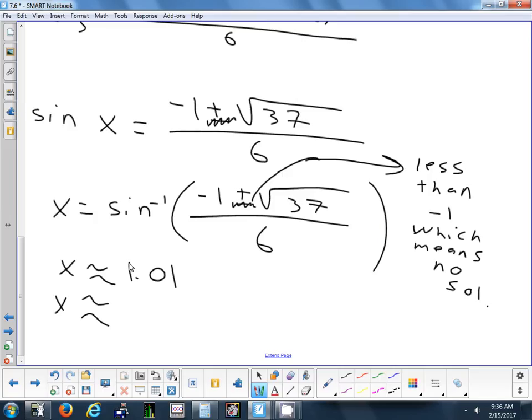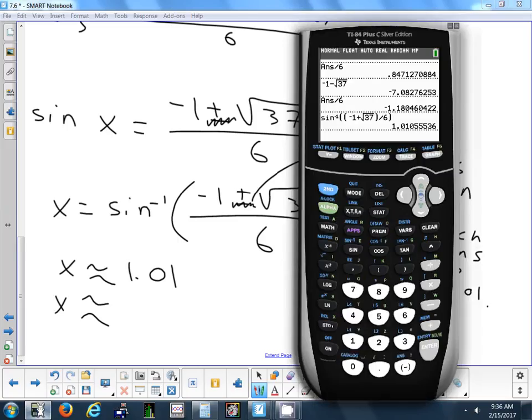Now, we're looking for where sine equals a positive. Okay? -1 plus the square root of 37 divided by 6. That was a positive number. What other quadrant is sine positive? 2. What's your formula to get an answer in quadrant 2?